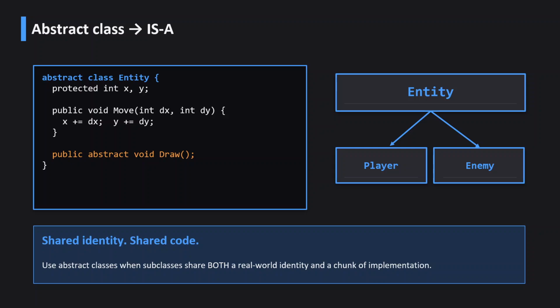Second, it has an abstract method, draw, that's a placeholder. Subclasses are forced to fill that in. Player and enemy both inherit from entity. They both are entities. And critically, they share the move code. They don't have to write it themselves. That's the deal with abstract classes. Shared identity, shared implementation, both at once.